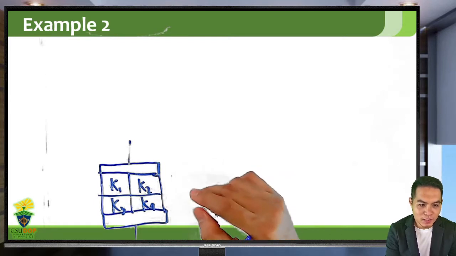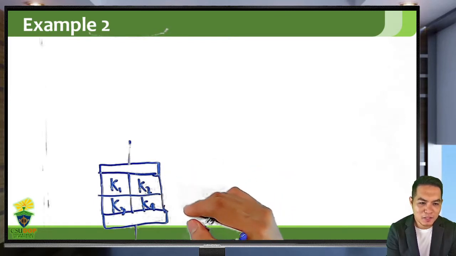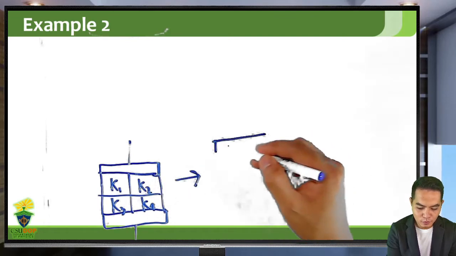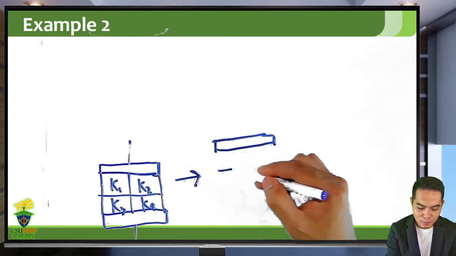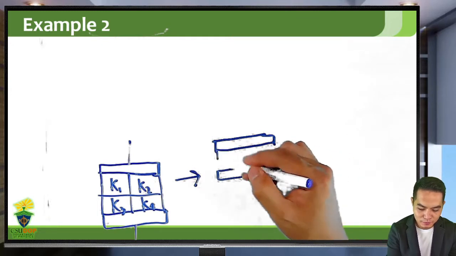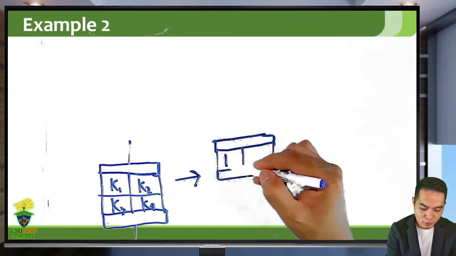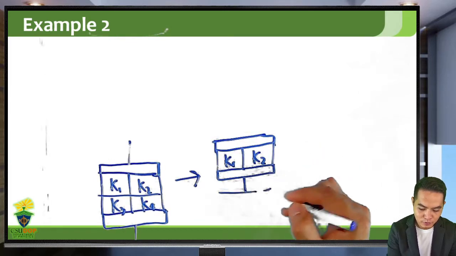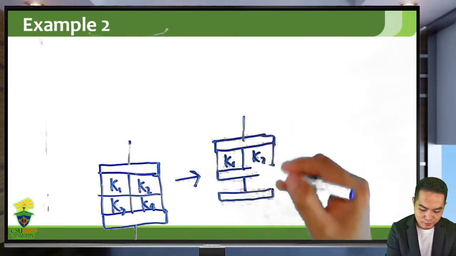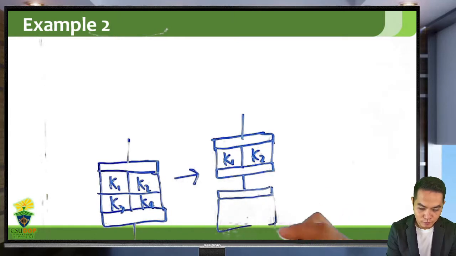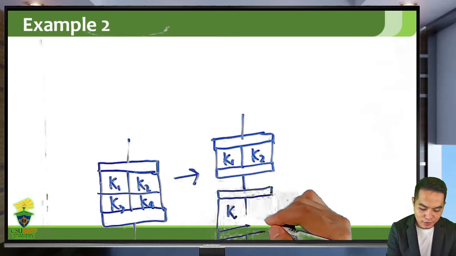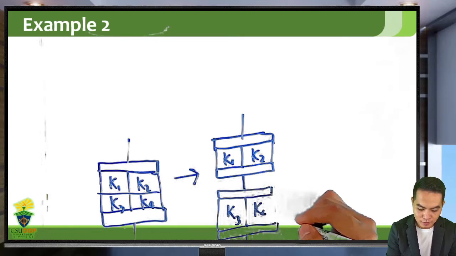You will notice that this actually looks like a series connection of two capacitors, where the first capacitor has two dielectric constants in between them, K1, K2, and the second capacitor also has two dielectrics between them, K3 and K4.